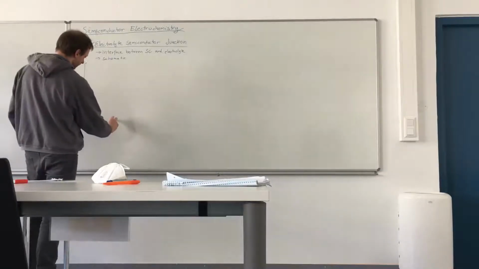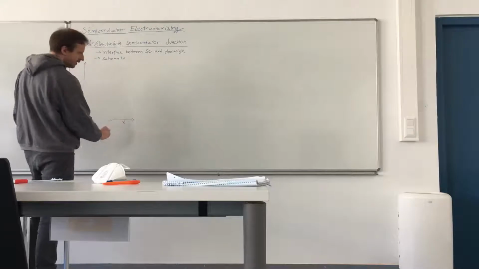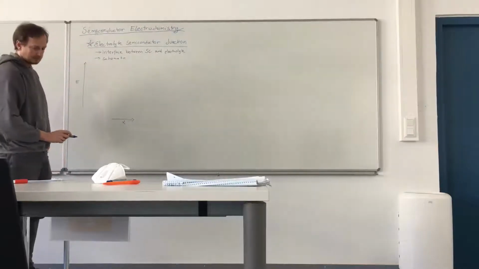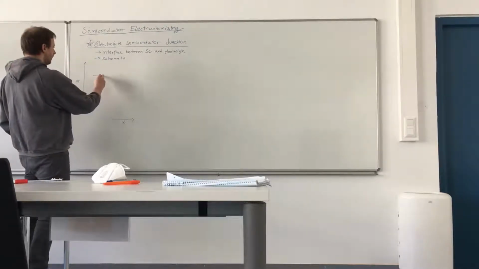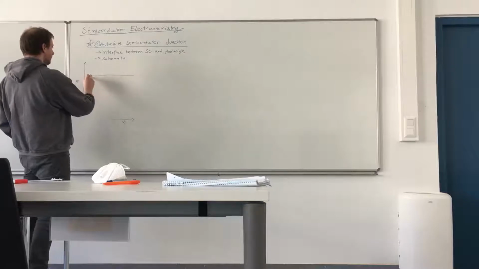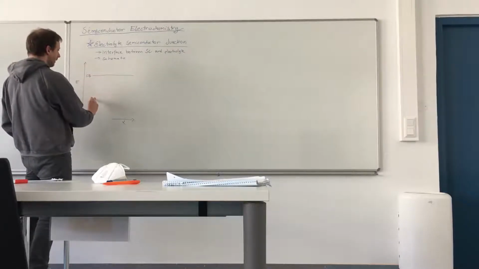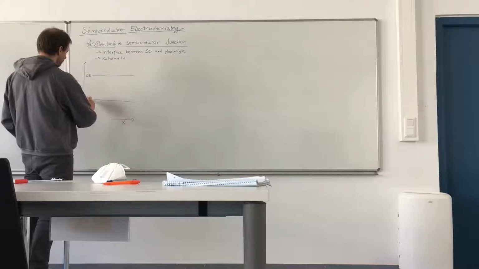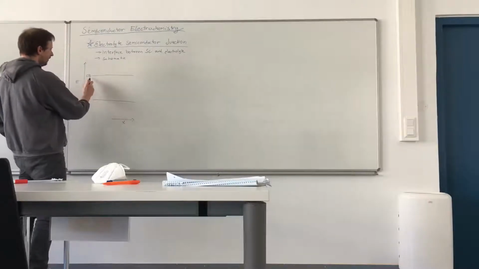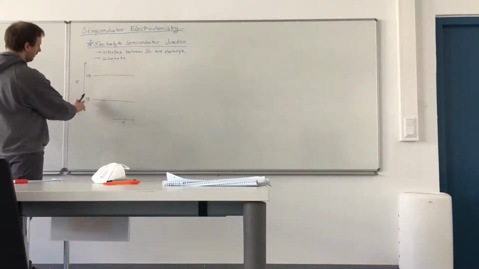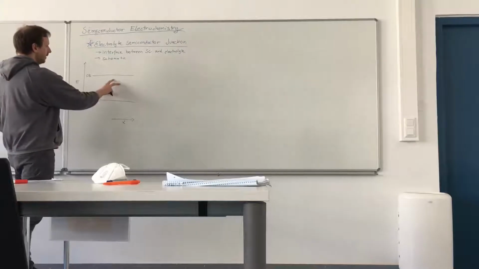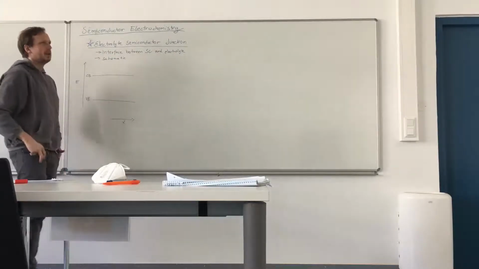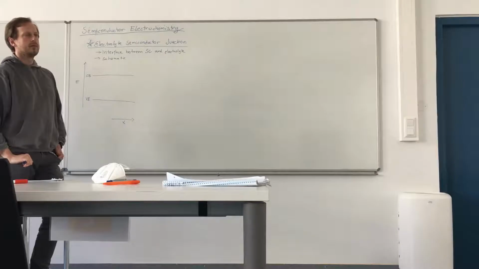Then we have a spatial coordinate, let's denote it as x. We have the conduction band edge and the valence band edge, CB for conduction band, VB for valence band, and in between those two no energy state is allowed.